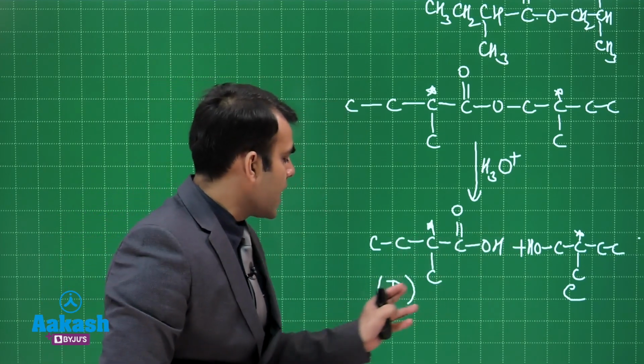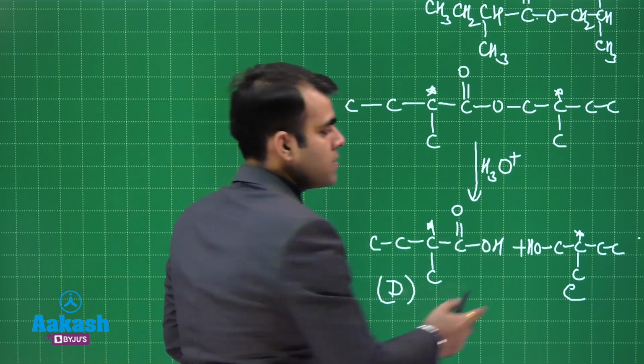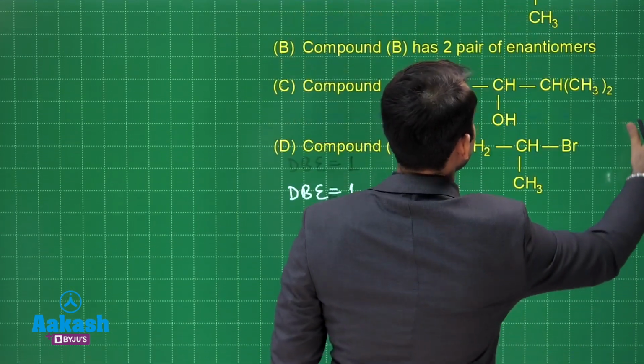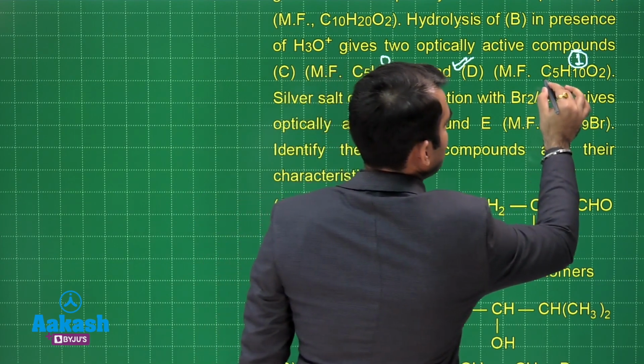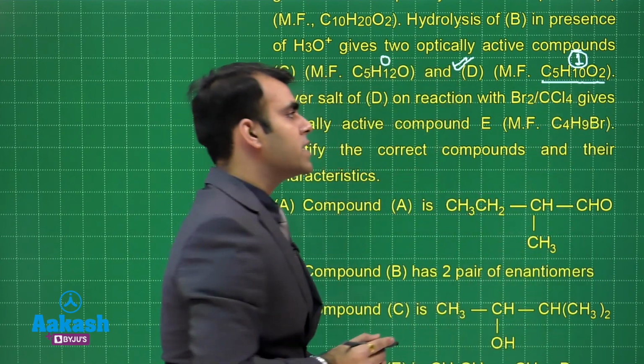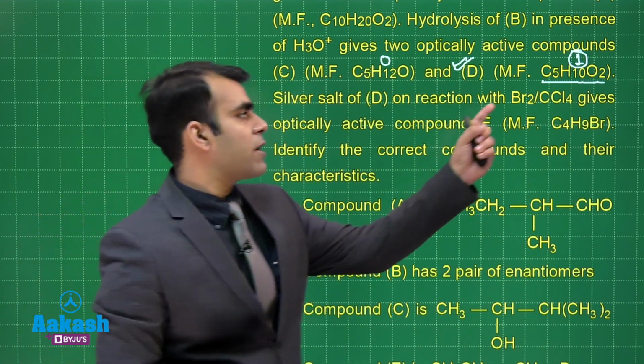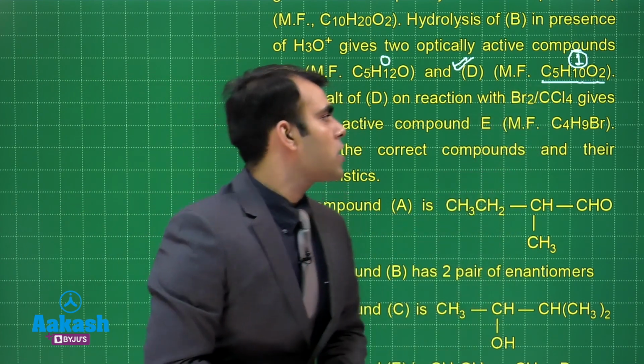Now, why am I taking this as D? Because here it has been shown that D has molecular formula C5H10O2 with 1 DBE. So the carboxylic group has 1 DBE and 2 oxygen atoms.